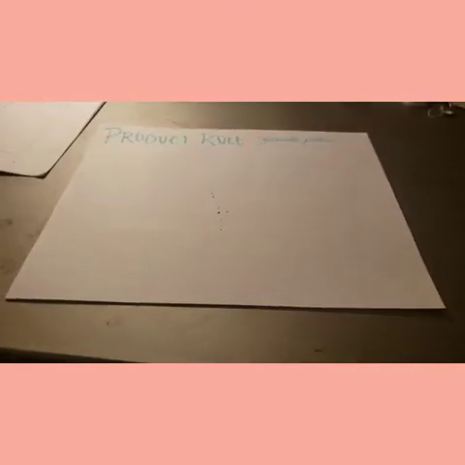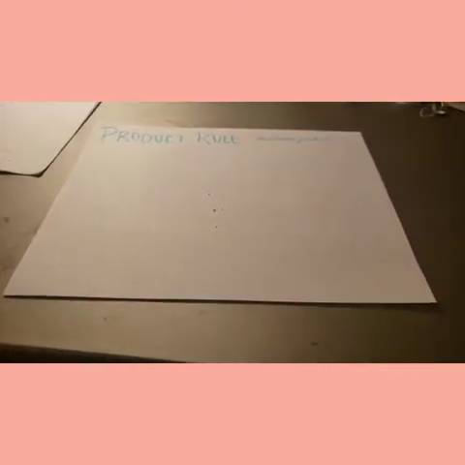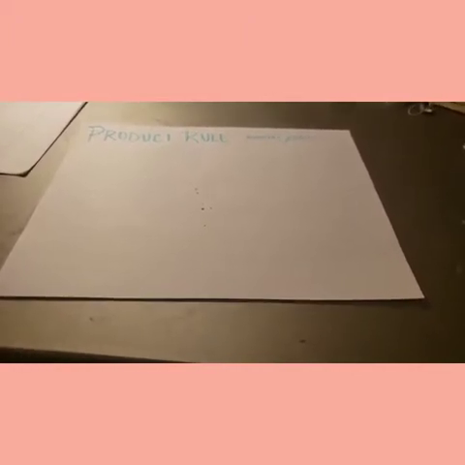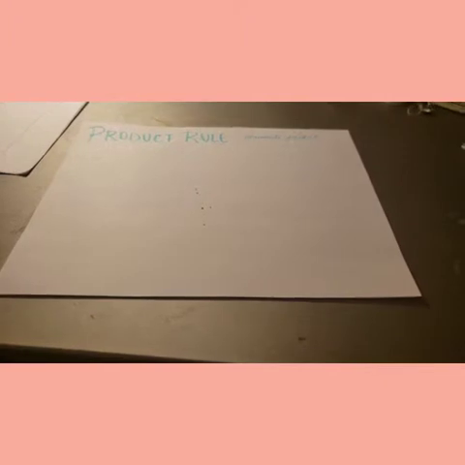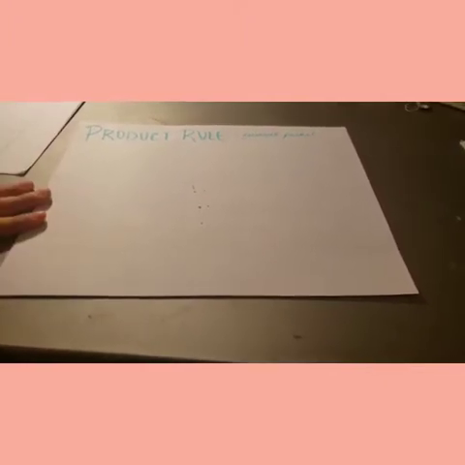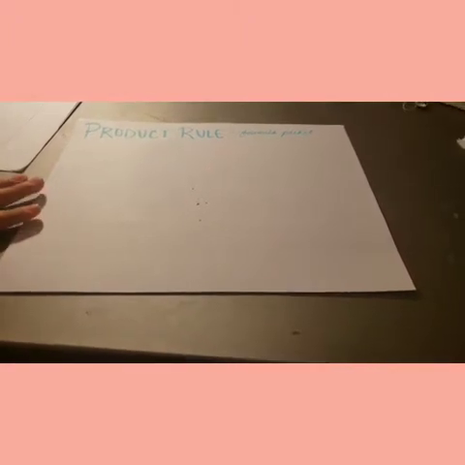Okay, so now we're going to move on to the next advanced derivative rule, which is the product rule. As you know, a product is when you multiply one thing with another. Same thing in this case, you're multiplying u times v. So right now we're going with the formula packet definition once again.